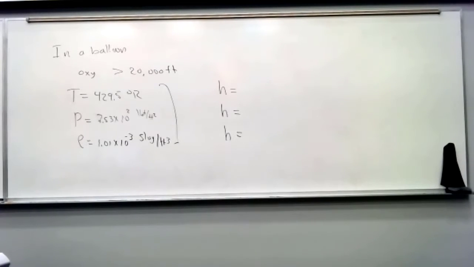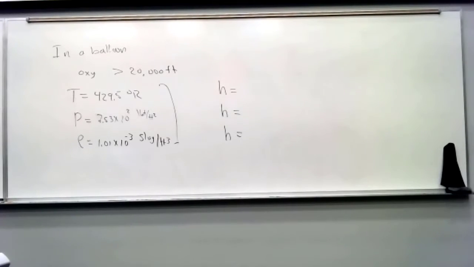So you're looking for Appendix B. And Appendix B lists altitude on the left, temperature, density, and pressure next to it. So find the temperature, the pressure, and the density that I've listed here and read off the altitude.